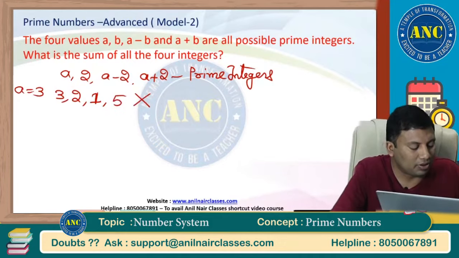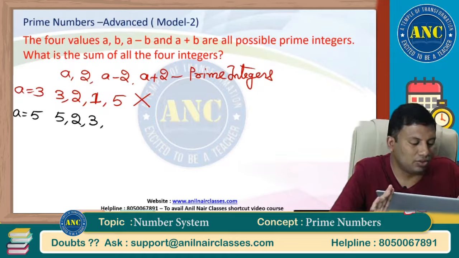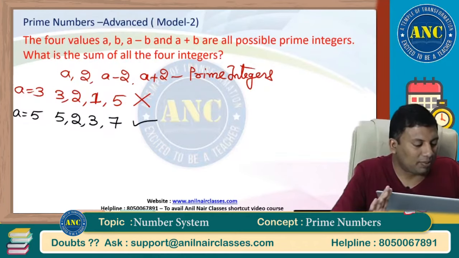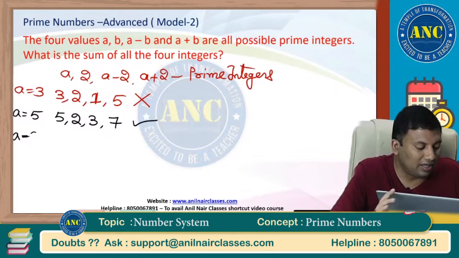These are not possible, because 1 is neither prime nor composite. Let me take 5. 5, 2, 5 minus 2 is 3, 5 plus 2 is 7. 5, 2, 3, 7. These all are prime numbers. 5 is of the form 6k minus 1. Let me take other numbers which are of the form 6k minus 1.